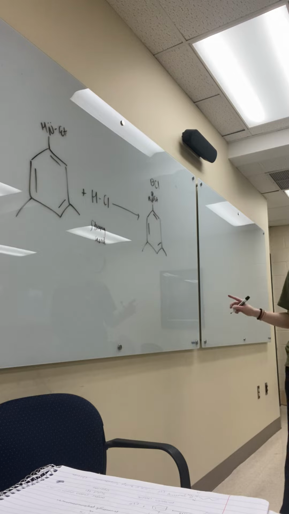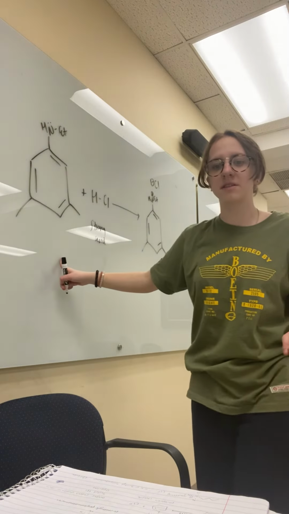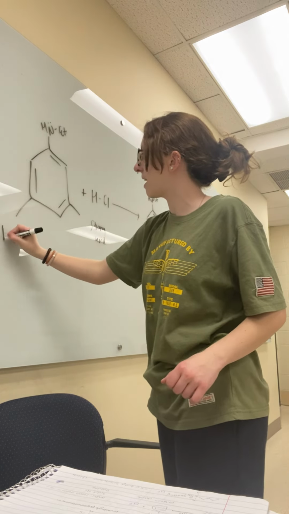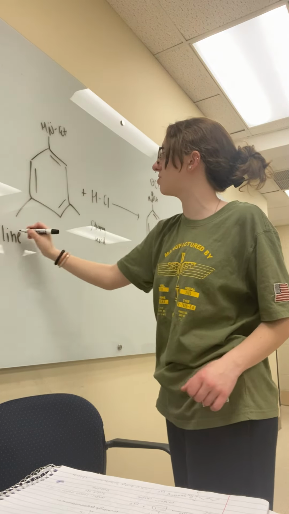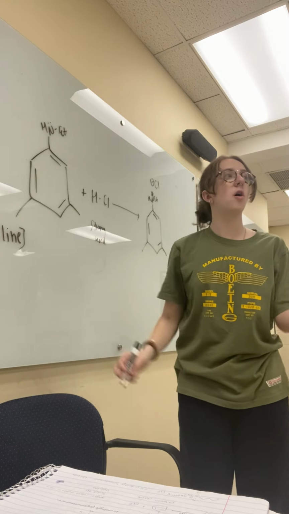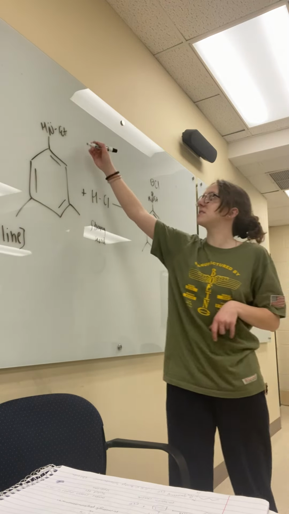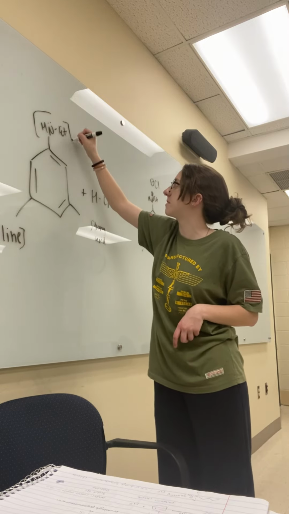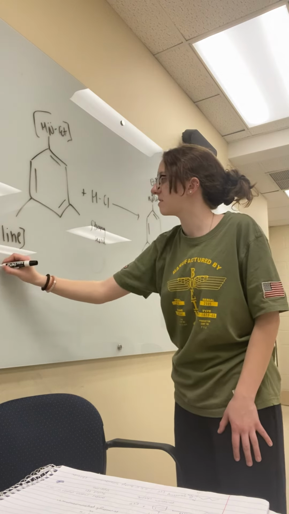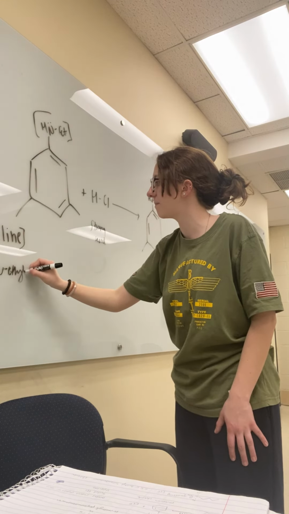So if we were to name these, let's start with this one because this is a little bit easier. This is an aniline. That is something that you should know. It's another form of benzene, like toluene or phenol. You're naming the benzene ring based on what's attached to it. So this is an aniline. There's an ethyl on that, so N-ethyl.